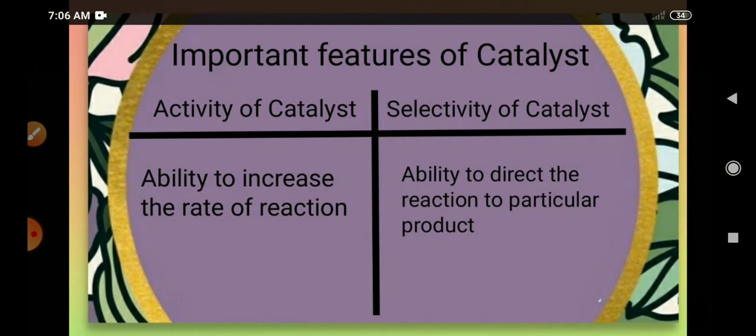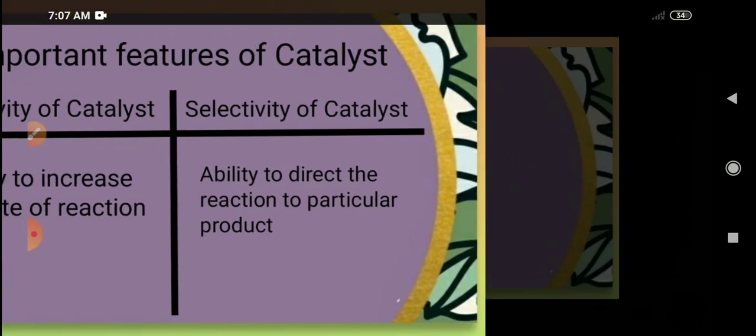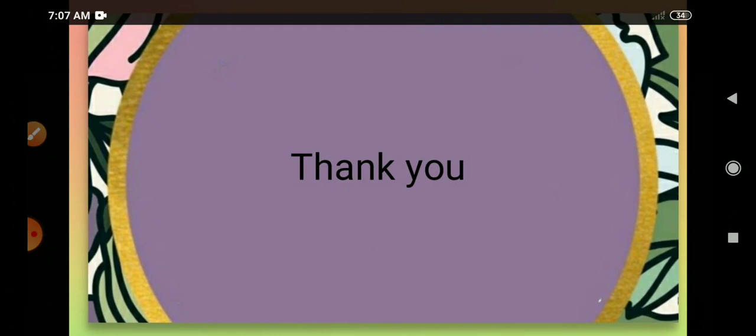So I think these two important features are clear to you, and questions are usually asked on this: what is the activity of a catalyst, or what is the selectivity of a catalyst? So you can predict the questions from this area also. So this is all about the activity and selectivity of a catalyst, the two important features we have discussed.